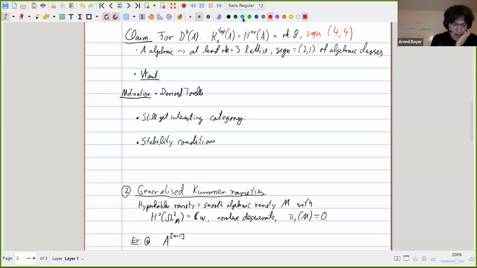Right, and so my claim is now what we want is deformations of D^b of A that keep a positive definite rank 2 lattice lambda of algebraic classes.